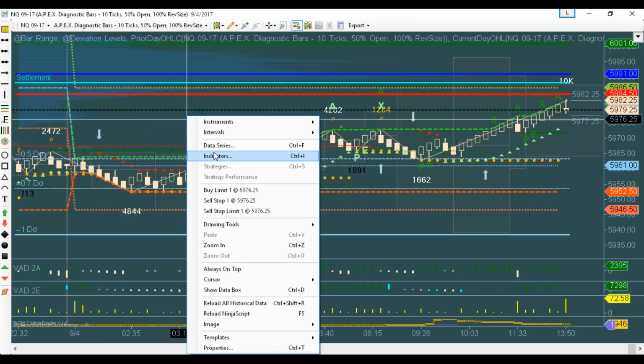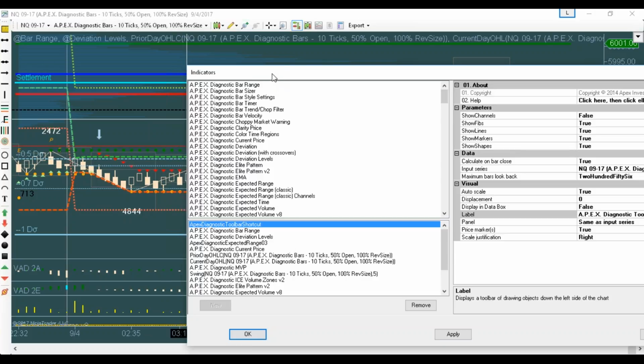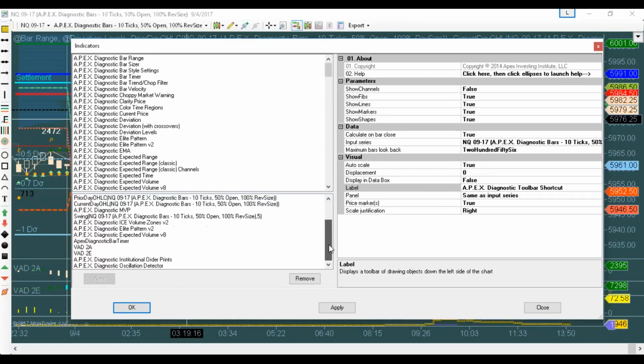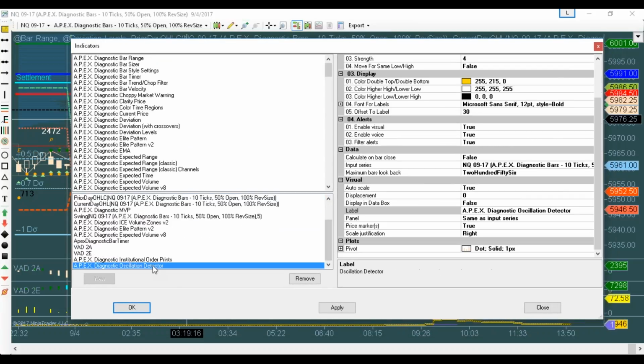Again, if you right-click, go to Indicators, and you come down here and you find Oscillation Detector. In the template, everything is defaulted to true already for the audio alerts. You see that? So the audio alerts are turned on for you in the template.